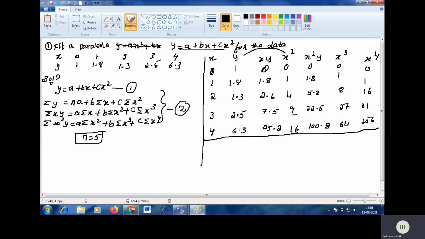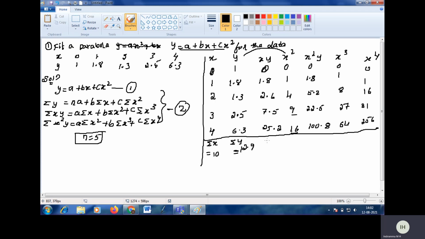We have to find out the summation of each column. First is summation of x, by adding the first column values, you will get 10. Next summation of y, the sum of the second column values, is 12.9.